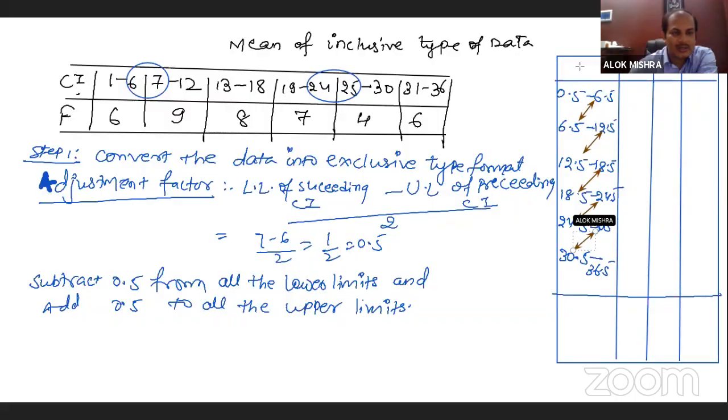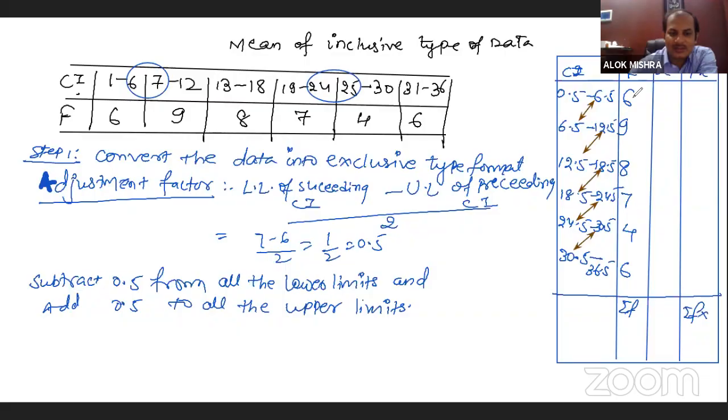So what is the next thing we are going to write? This is Ci, F, X and Fx. Summation F, summation Fx. The values of frequencies are 6, 9, 8, 7, 4 and 6. What will be the value of X?